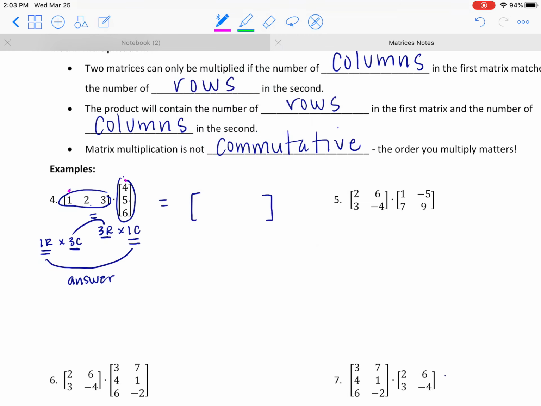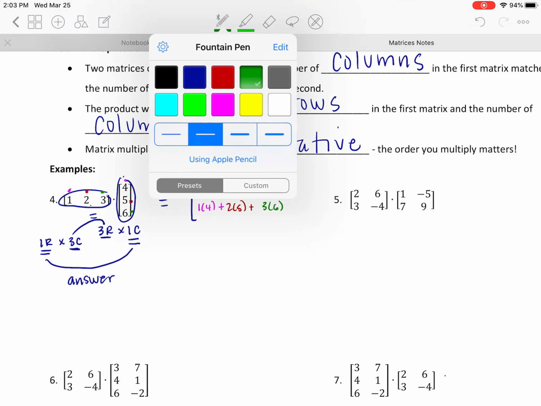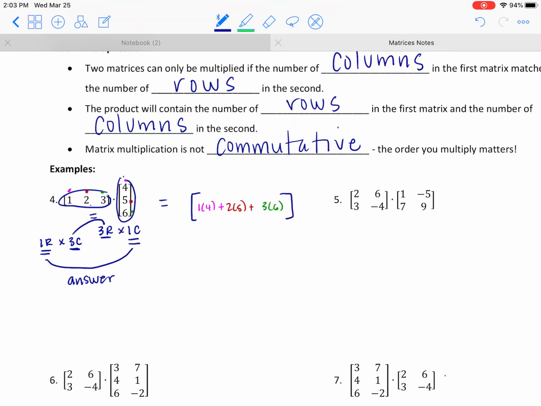So we're multiplying 1 times 4, plus 2 times 5, and lastly 3 times 6. If we find the sum of those products, we have the result for our 1 entry matrix.